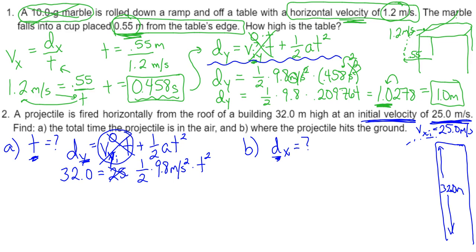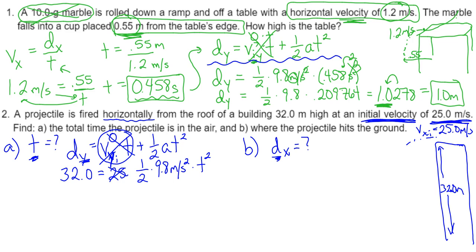We look and we say, oh, initial velocity, and it said initial velocity in the problem. What it's telling us though is that is the initial horizontal velocity, not the initial vertical velocity. If it's fired horizontally, the initial vertical velocity is actually 0. Because we're not firing it down, we're not firing it up, we're firing it horizontally, which means that its initial vertical velocity is 0.